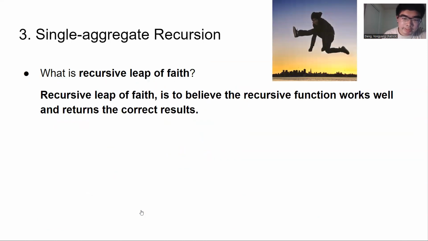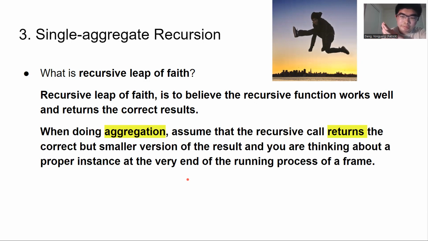Recursive leap of faith is to believe that a recursive function works well and returns the correct result. So when you're doing the aggregation, you assume that the recursive function returns the correct but smaller version of the result, and you think about a proper way to combine the smaller version of the result with some operations.